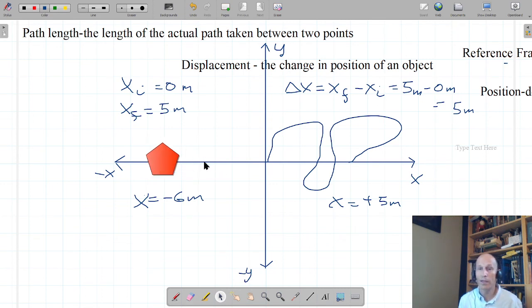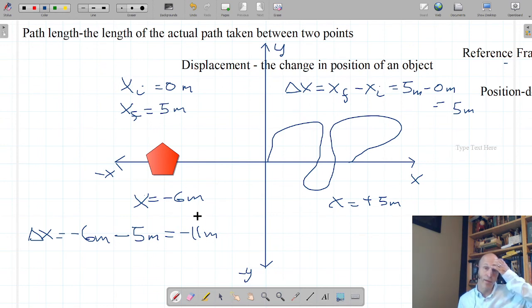then my displacement has become negative. Obviously, I moved left. So my displacement would be x final, negative 6 meters, minus x initial, 5 meters. That's negative 11 meters. In this case, that's also the path. Path length is 11 meters.